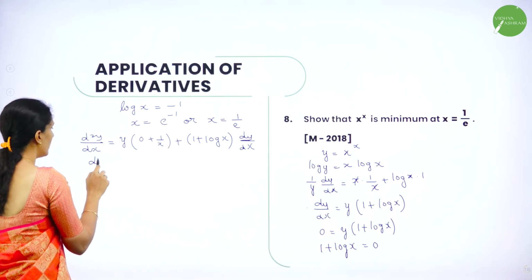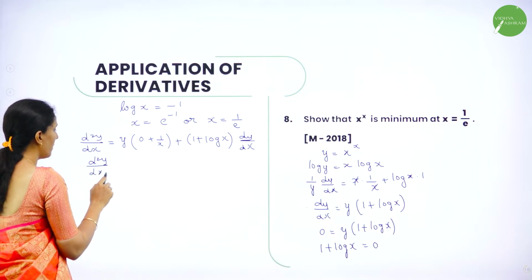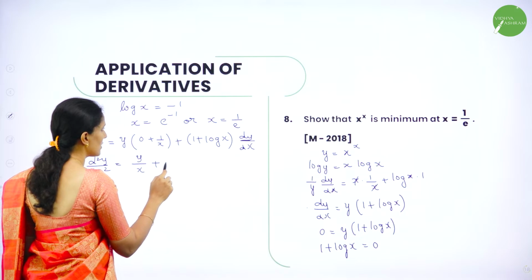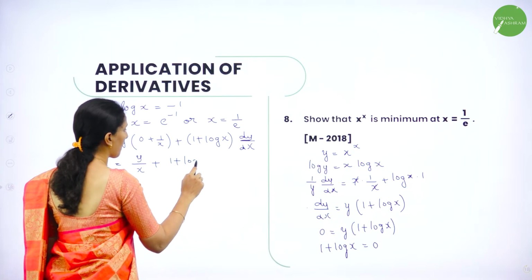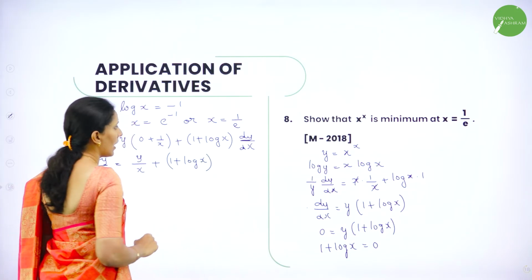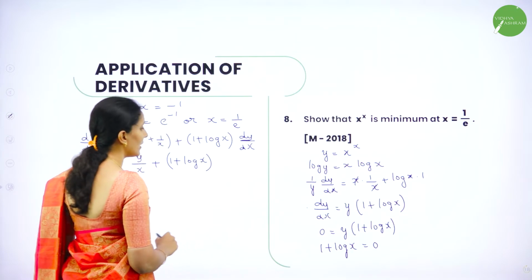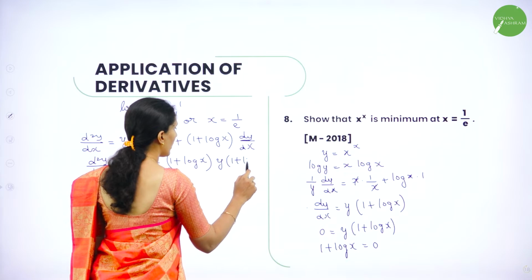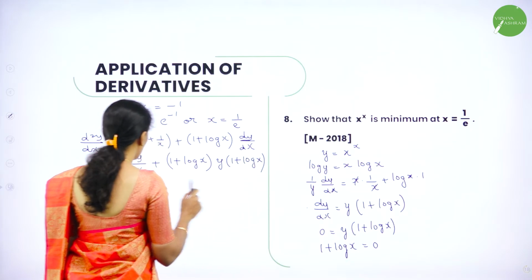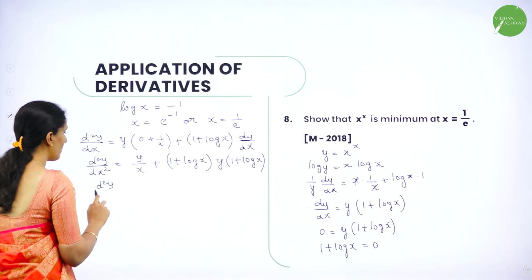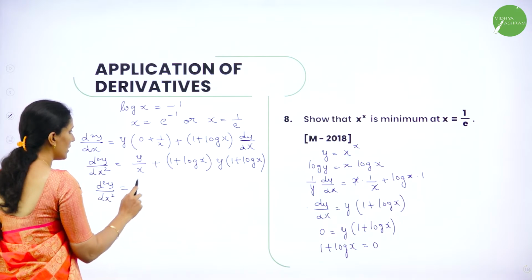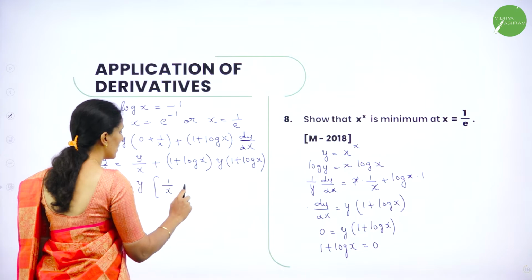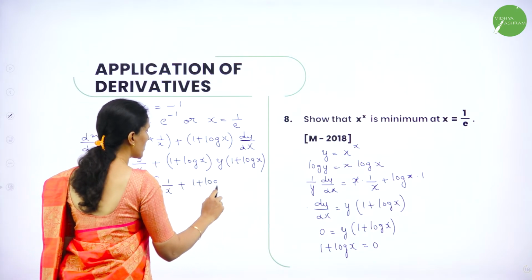So here we have d square y by dx square is equal to y divided by x plus 1 plus log x. And here again you can substitute dy by dx as y into 1 plus log x. So here we get d square y by dx square is equal to, taking y as a common factor, y into 1 by x plus 1 plus log x whole square.